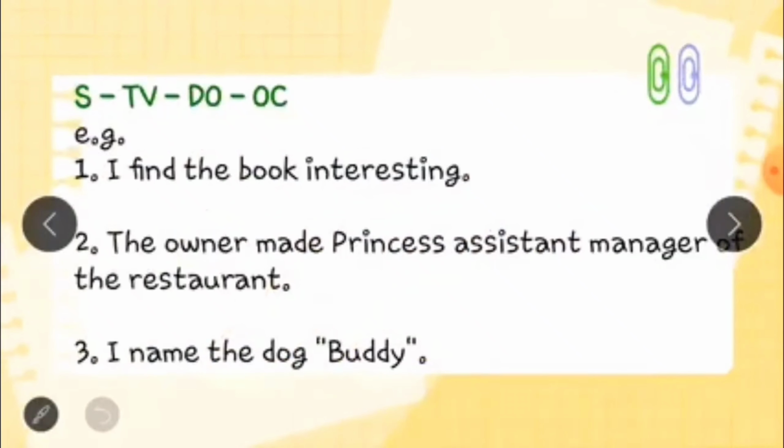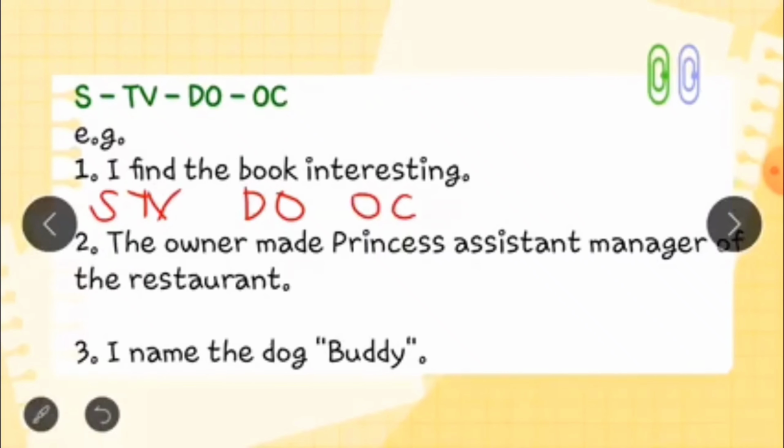Let's see the examples. I find the book interesting. I is the subject, find is the transitive verb, book is the direct object. Interesting describes the direct object book. Therefore, it is object complement.